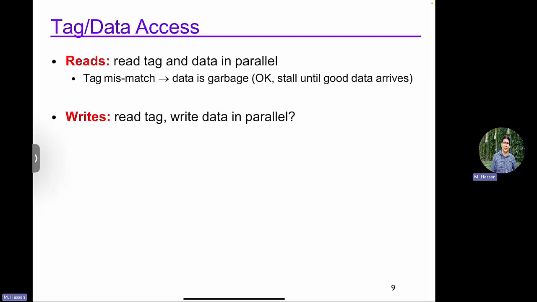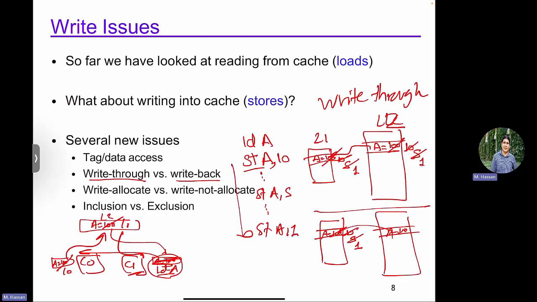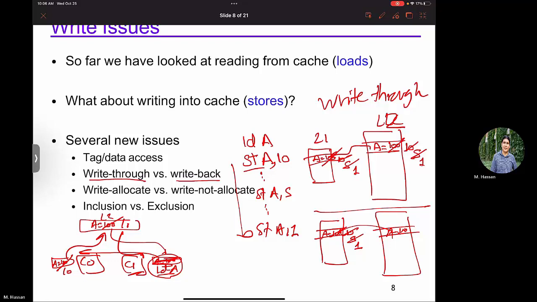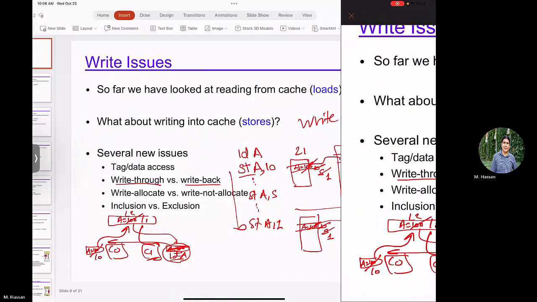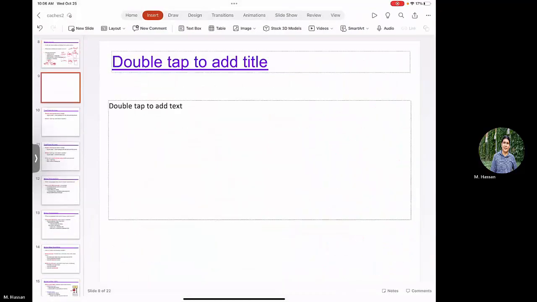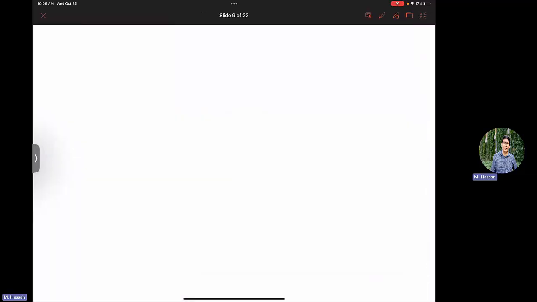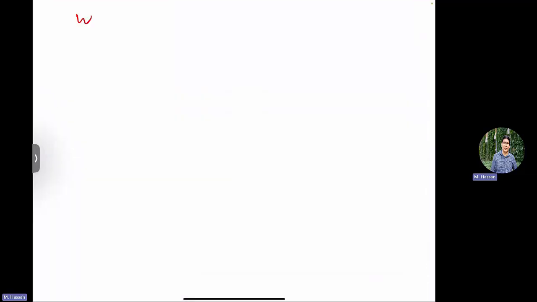There is another, maybe I should add another slide here. So the first question is where to write. And we said simply there is the write through and there is the write back.